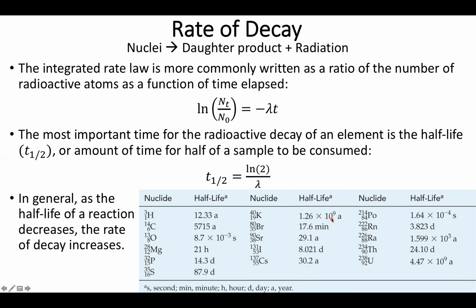On the other hand, we have things like polonium, which has a half-life of about 10 to the negative 4 seconds. Once we get down to these very short time periods, this means that the rate of reaction goes very quickly, and we can consider that element highly unstable.